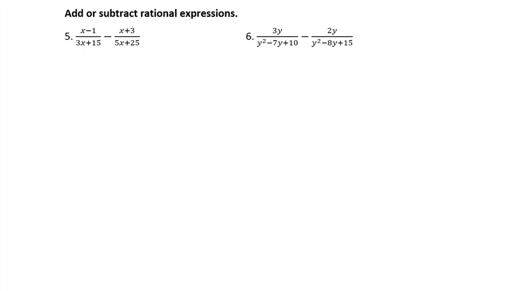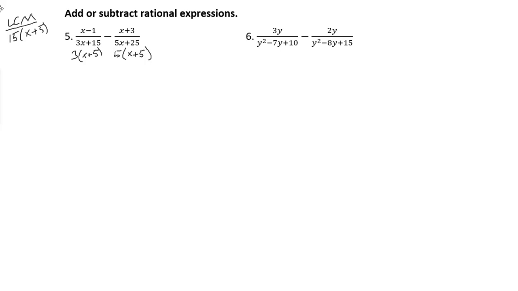Okay, so here we need to figure out what's in our denominator. So I'm going to factor out a 3, and we get x plus 5. This one I'm going to factor out and get x plus 5. So when we're looking at our LCM for this one, it would be 15 times x plus 5, because 3 times 5 and the x plus 5 is shared. Now, as I mentioned before, I like to kick my negatives up.